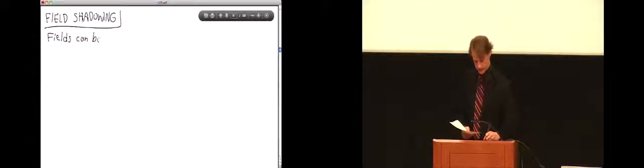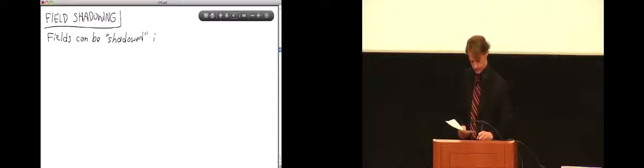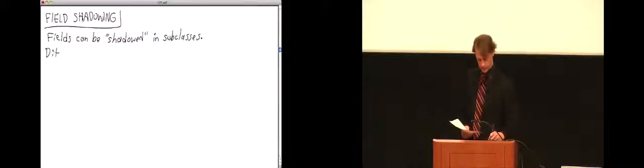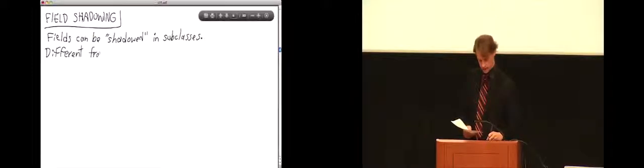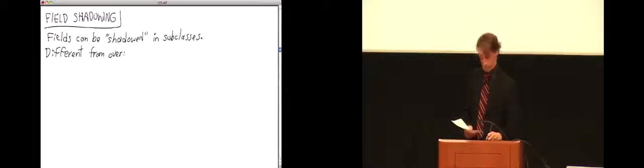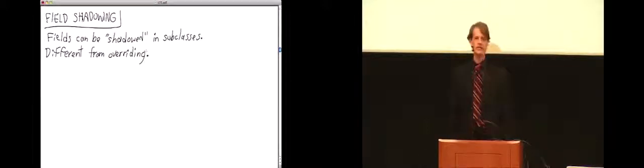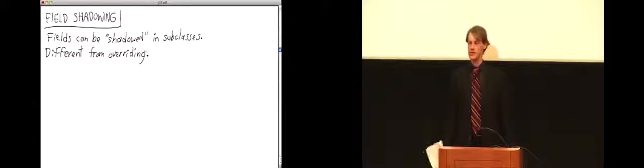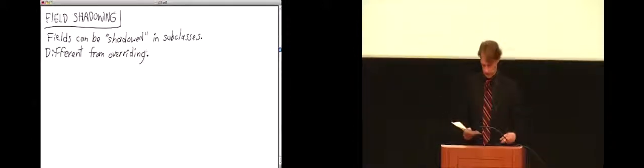So, just as methods can be overridden in subclasses, fields can be shadowed in subclasses. But shadowing is very different from overriding and a lot less useful. So this is something you need to know about, but it's not something that's going to be a useful part of your life.